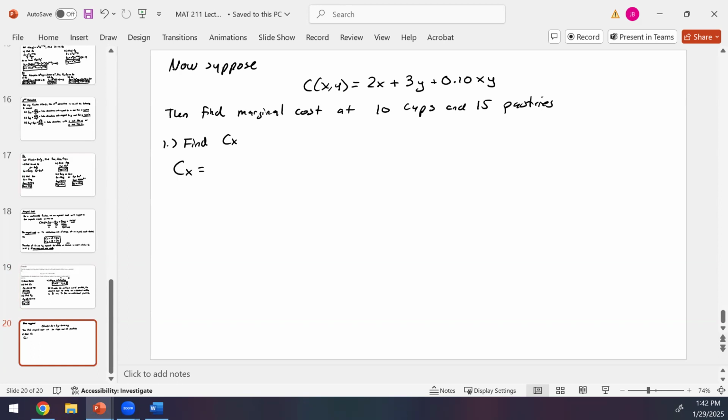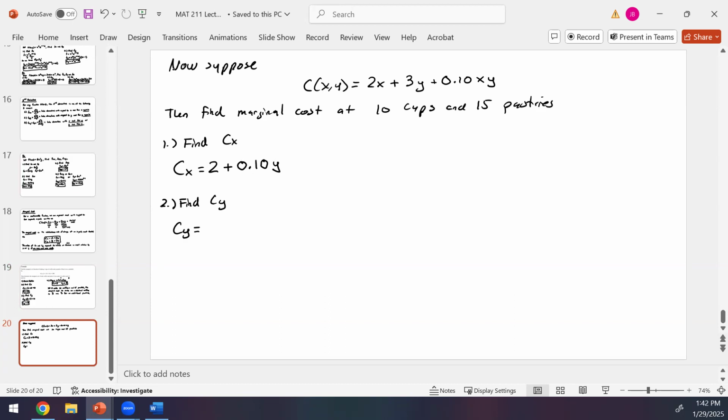So the beginning is the same. 2x becomes 2. 3y becomes 0. However, xy doesn't become 0 because it has an x, so it's going to be 0.10 times 1 times y. So the x goes away because that's the partial derivative I'm taking it with respect to, and then y sticks around.